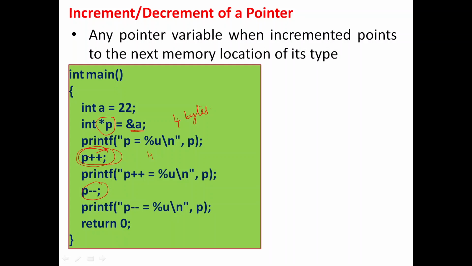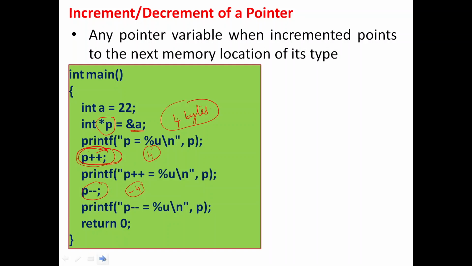It will differ for character, float and double. In case of integer, the size is 4 bytes. If we perform an increment operation on a pointer of type integer, it will be incremented by 4. If we perform a decrement operation, it will be decremented by 4, since it is an integer pointer. It will differ in the case of character, float and double, because their sizes are different.